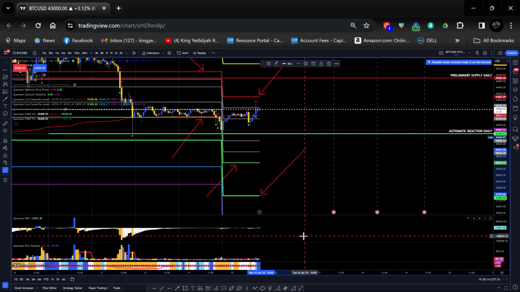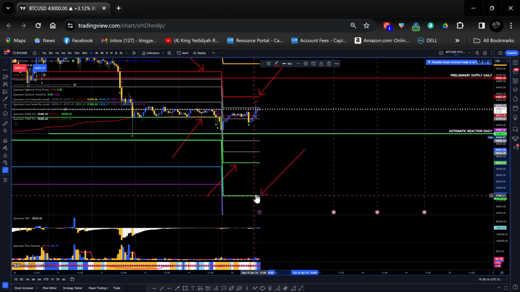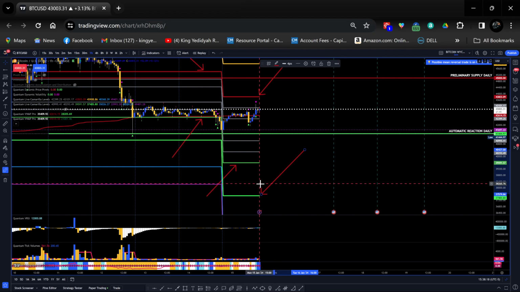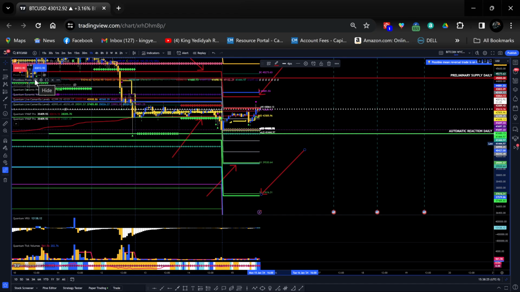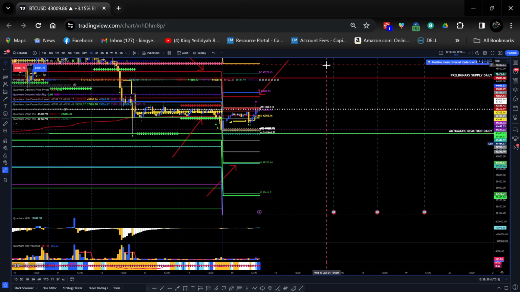We could get a lot of buyers right there. At Camarilla S4, it's usually a support zone, so that's something to look out for. It's also floor pivot S2 at 37,616.31.